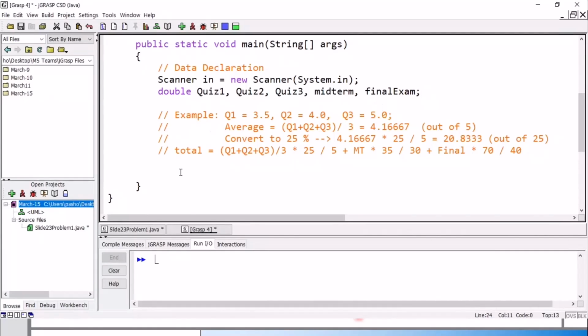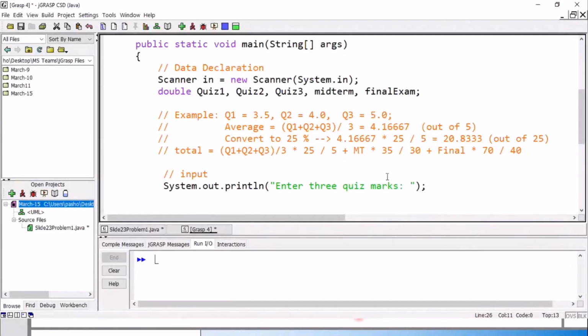Now we go for the input. We will ask the user, System.out.println. First, I will ask for the quizzes. Enter 3 quiz marks. We have a problem here. We have to close the quotation.